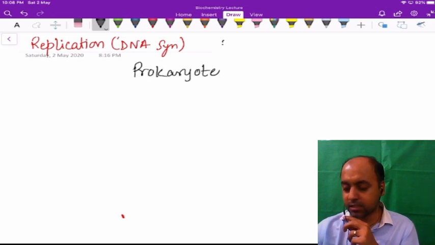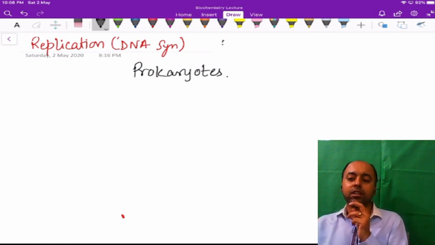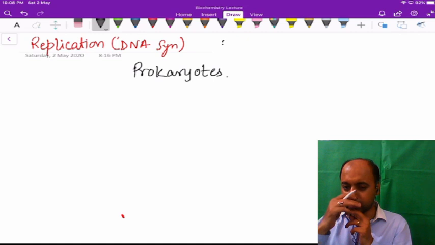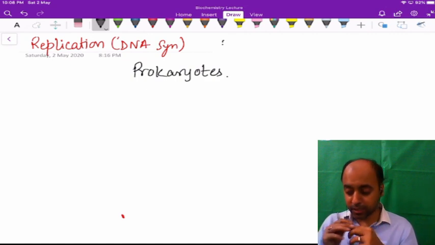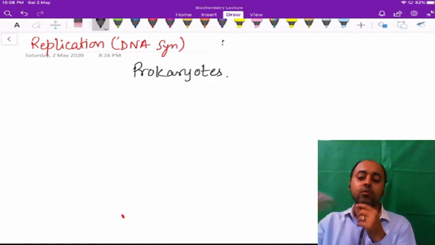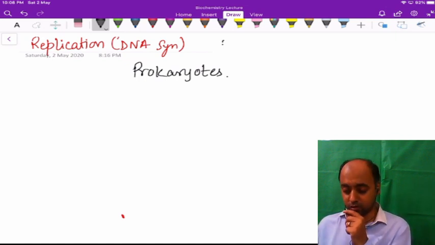Once we have discussed the DNA synthesis in the prokaryotes, then we'll quickly compare it with the differences, minor or major, whatever is there, as seen in the eukaryotes. So first we'll do the DNA synthesis or the replication in prokaryotes and then quickly extrapolate what is seen in the eukaryotes. So remember, replication means DNA synthesis.